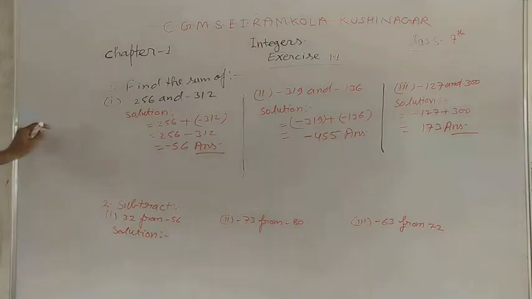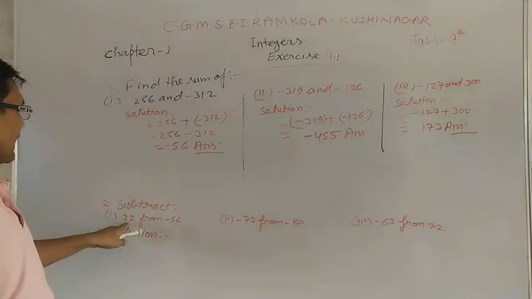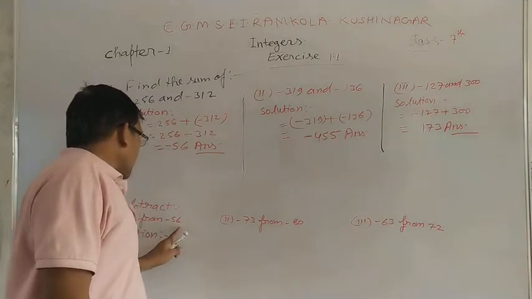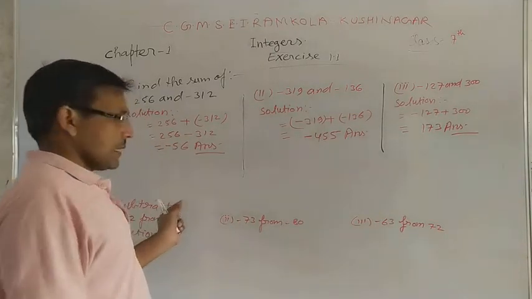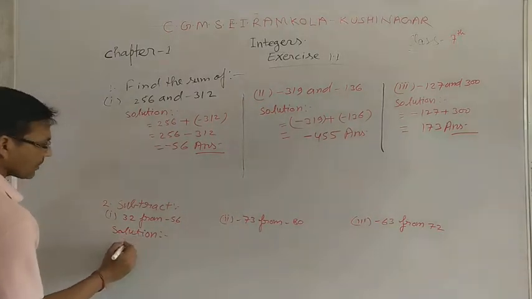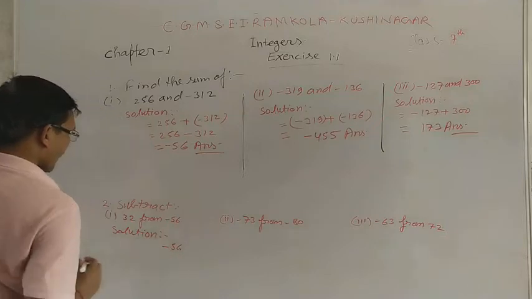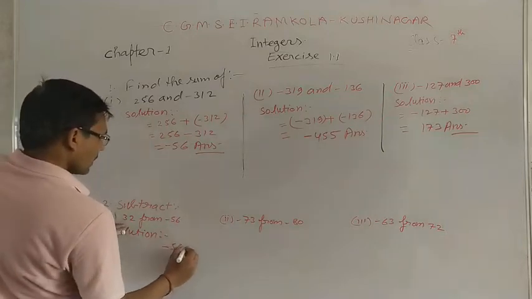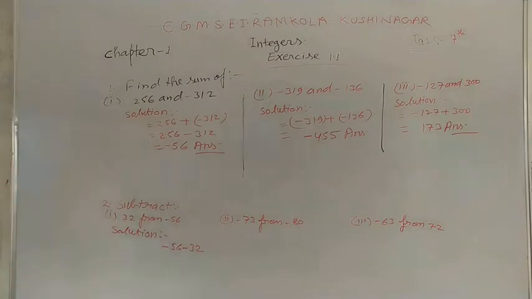For this, the first question of the solution of subtraction is: the question says subtract 32 from minus 56. It means 56 is on the left side of the place of the solution, and 32 is on the right side of the place.